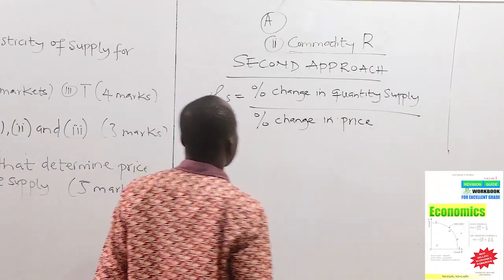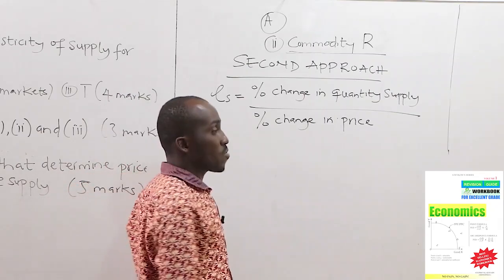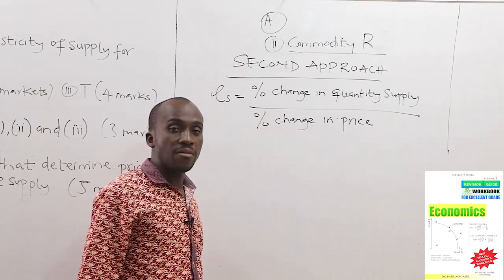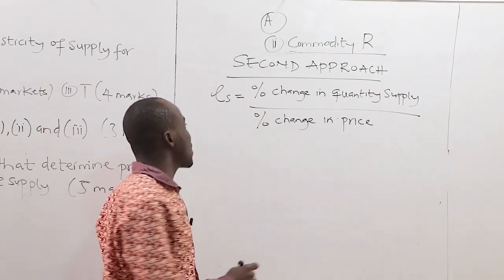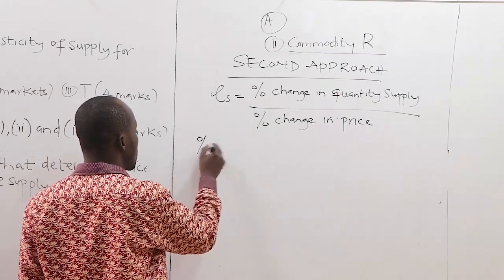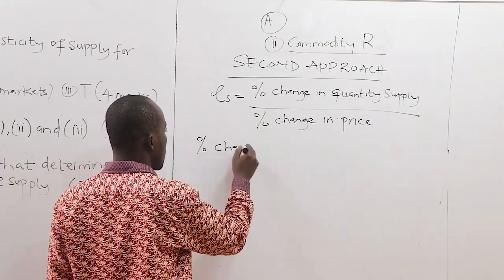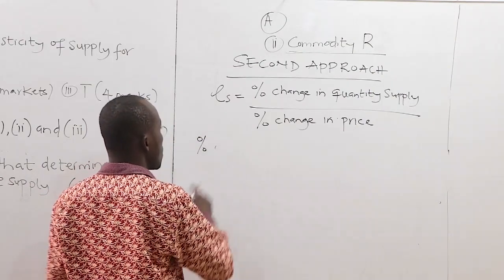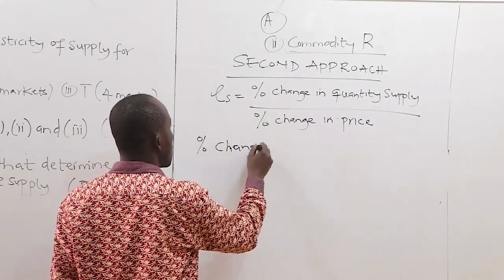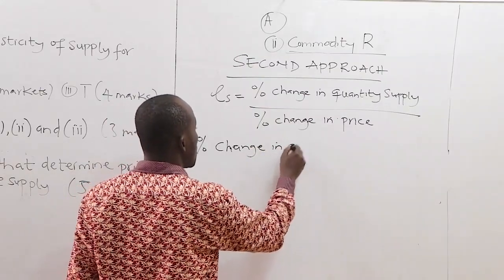So price elasticity of supply in the second method is percentage change in quantity supply divided by percentage change in price. So let's see, percentage change in quantity supply.